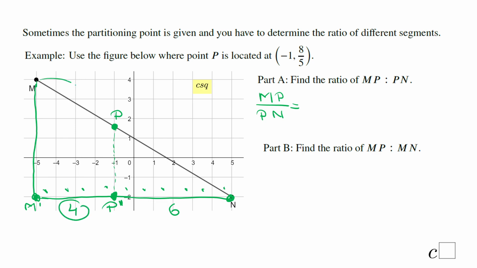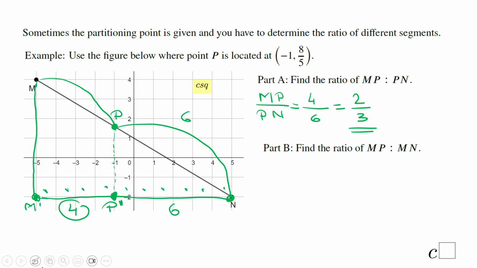MP goes with that 4 over Pn, which goes with 6. Now, can we reduce this fraction? The answer is yes. The answer will be 2 over 3. And you see how easy it is to do it graphically.